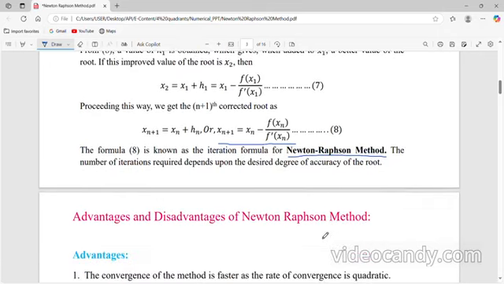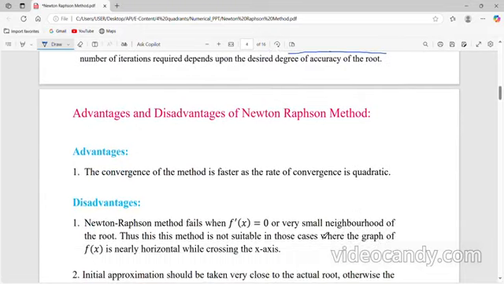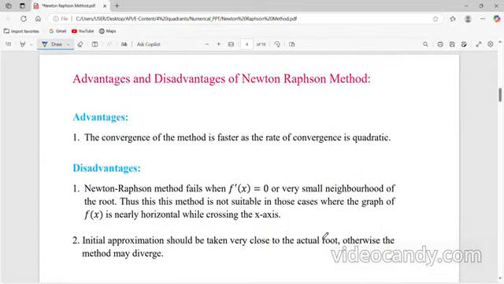Next are the advantages and disadvantages of the Newton-Raphson method. The advantage is that the convergence of the method is faster, as the rate of convergence is quadratic. Disadvantages: number 1, the Newton-Raphson method fails when f'(x) = 0 or is very small in the neighborhood of the root.